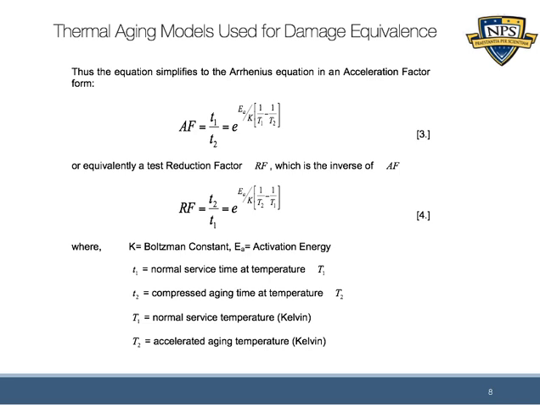Meaning that, for example, if we're looking at a particular failure mode, and it's for a particular type of component, so we know some information about the component, we can say that the component normally has a life of 10 years and goes through traditional diurnal cycles where most of the time it's between 50 degrees and 90 degrees, but a few days out of the year it's between, we'll say, 30 degrees and 110 degrees, and maybe even fewer days it's as cold as 5 degrees outside and as warm as 130.